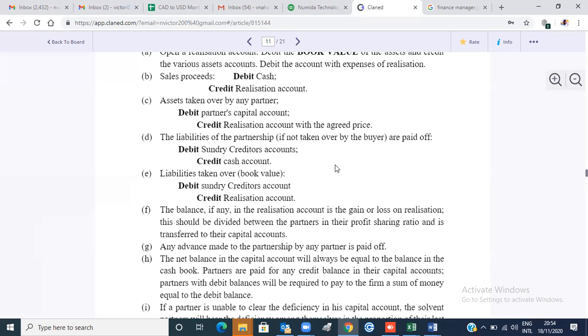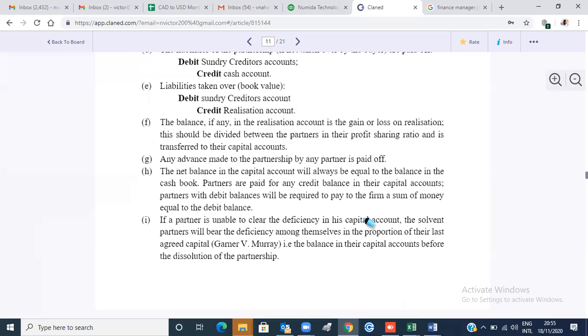If the partnership has liabilities and you choose to pay them by bank, pay out cash, credit the cash, and debit the realization account. And whatever remains on the realization account after you have sorted out each and everything that the partnership had is either going to be a loss or gain on dissolution of the what?